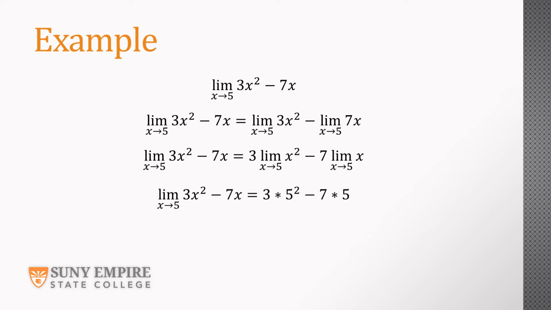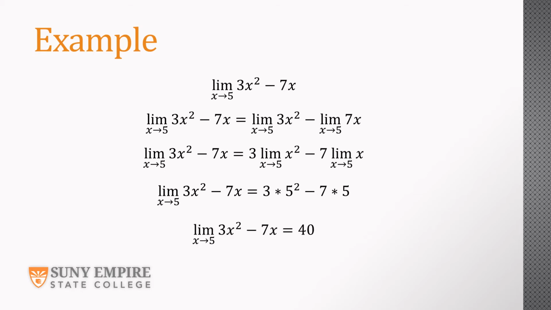Now we can actually take the limits. Plugging in 5 for x in each limit, we have 3 multiplied by 5 squared minus 7 multiplied by 5. Completing the calculations, the limit as x approaches 5 of the function 3x squared minus 7x is equal to 40.